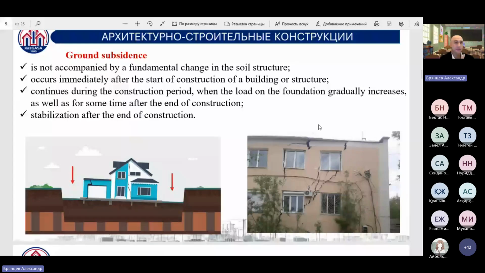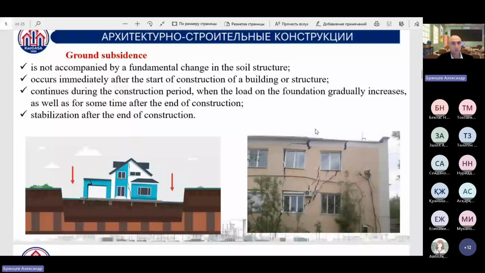Next is the load magnitude and distribution scheme, so the load can be concentrated or uniform.